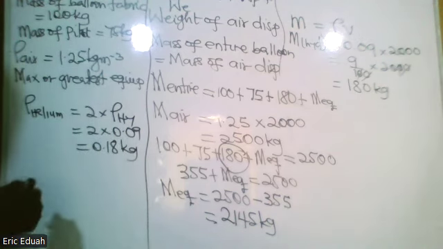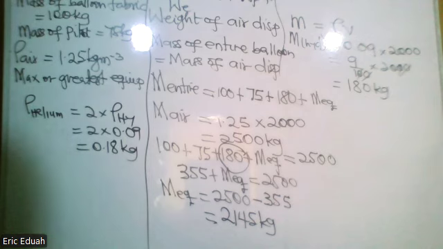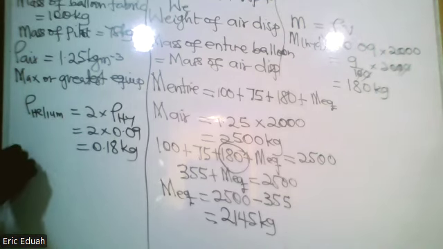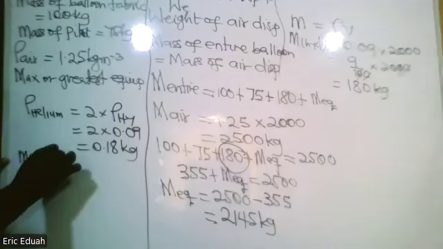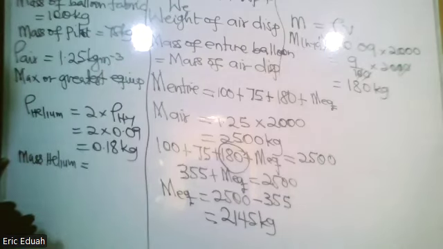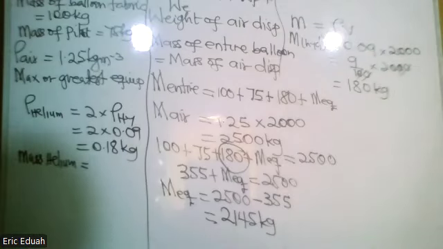Therefore, the mass is also expected to be twice. So mass of helium will be equal to the density times volume.